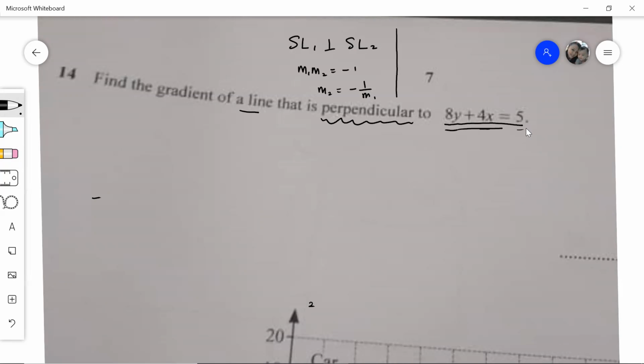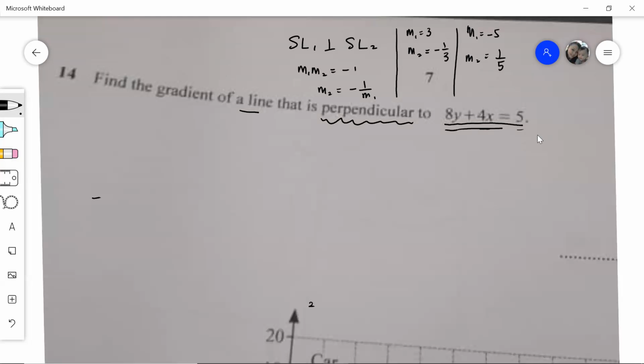In other words, if m1 equals 3, m2 will be the opposite sign, which is negative, and its reciprocal, 1 over 3. If m1 equals -5, m2 will be the opposite sign, which is positive, and its reciprocal, which is 1 over 5.